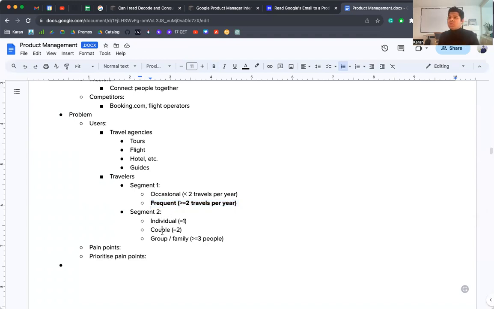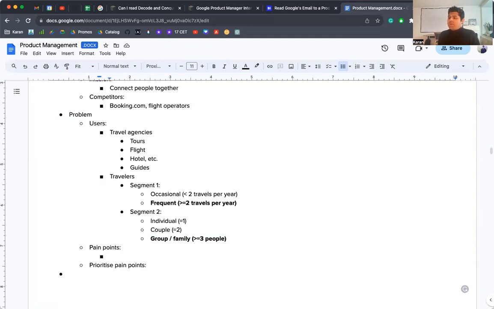And then within individual, couple, and group and family, maybe just because we are thinking from a social platform and social networking perspective, I think groups, family, friends, that could be an interesting space where we could incorporate the social networking angle to think about our product. So this is our prioritized segment: frequent travelers that are greater than or equal to 3, and they're traveling in groups. Now let's look at pain points.